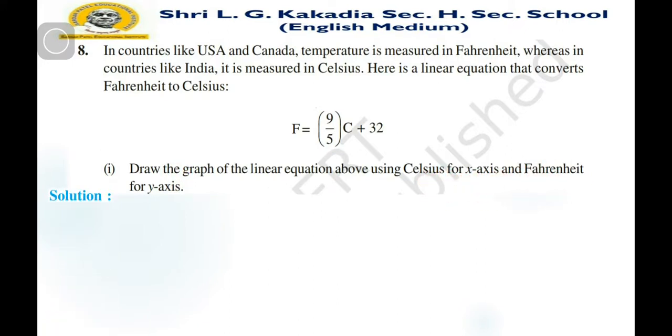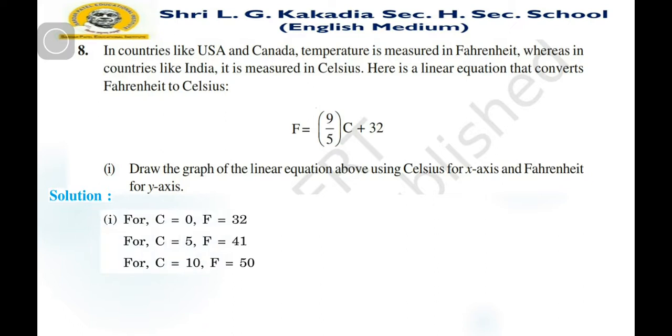For the solution, we put a value of C and we can find the value of F. Now we are going to take the value of C in such a way that we can find the value of F as an integer. So for C we take 0, then we get Fahrenheit 32.